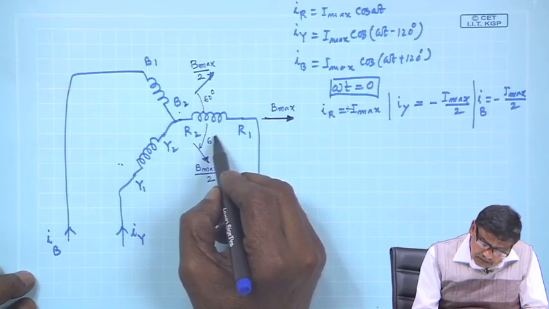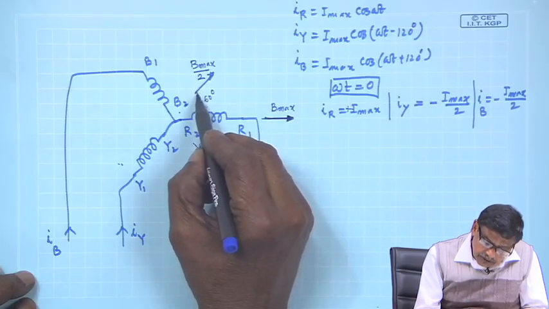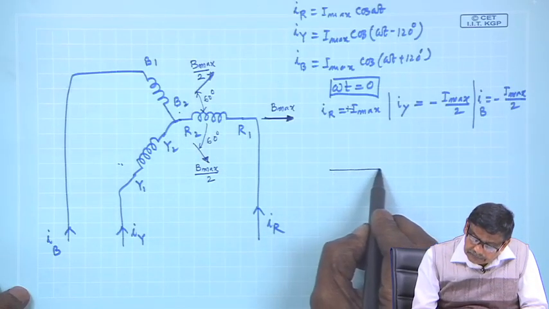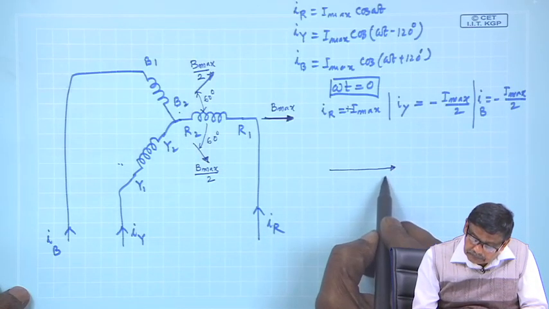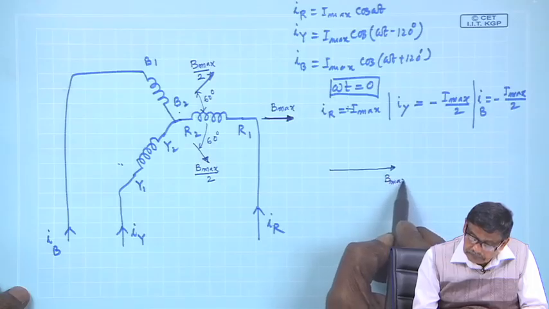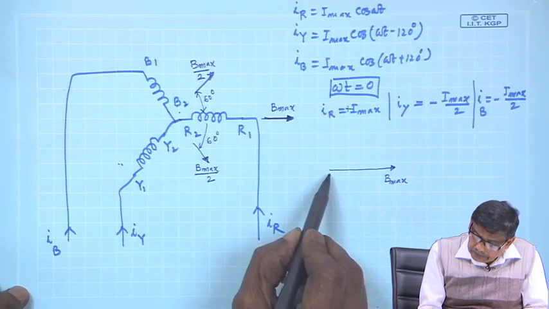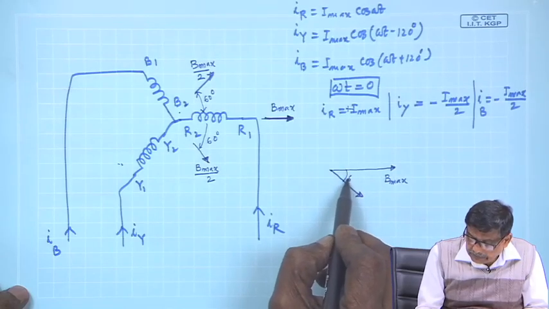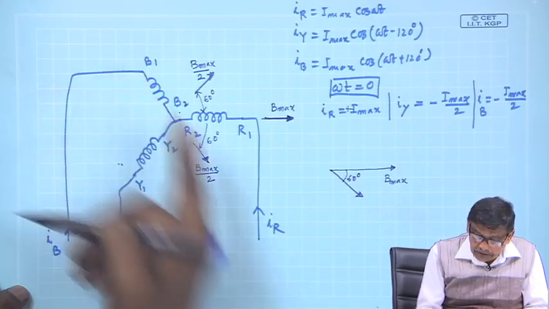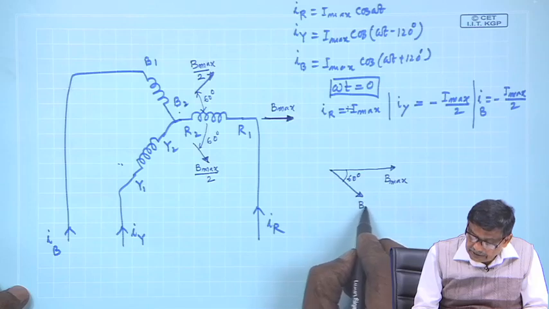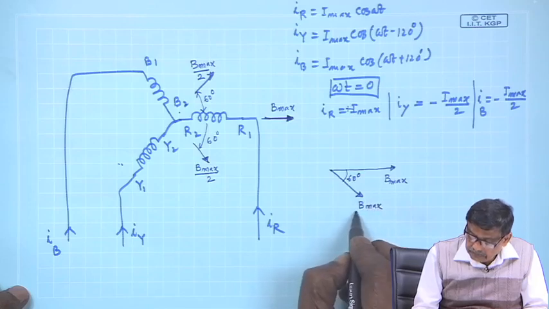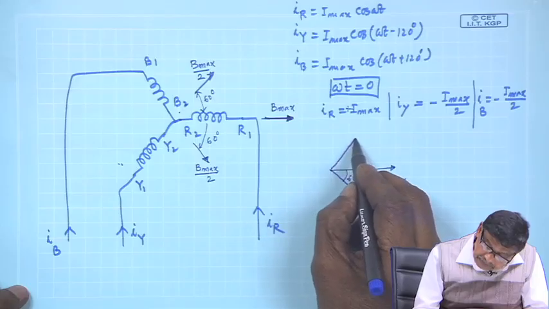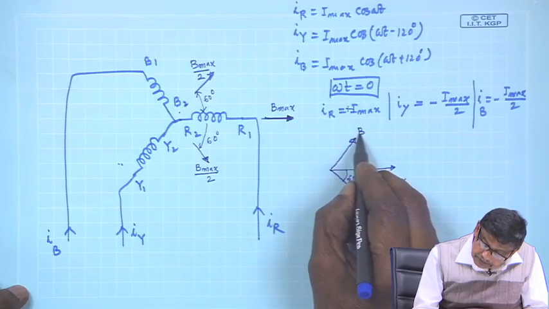Mind you, this is all electrical thing we are doing over a pair of poles. So, this is B max and 60 degree. Because of y phase, it is B max by 2, and for B phase it is B max by 2.